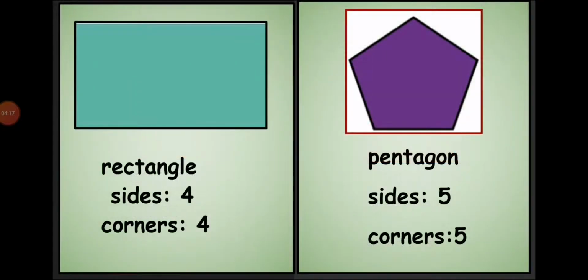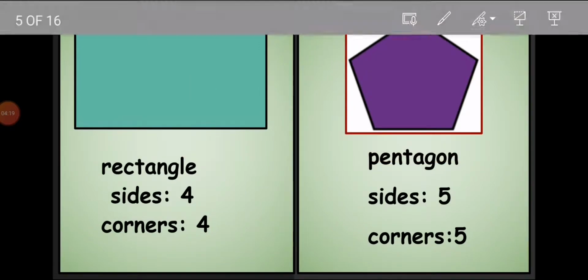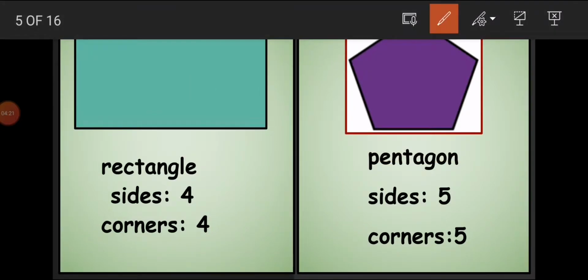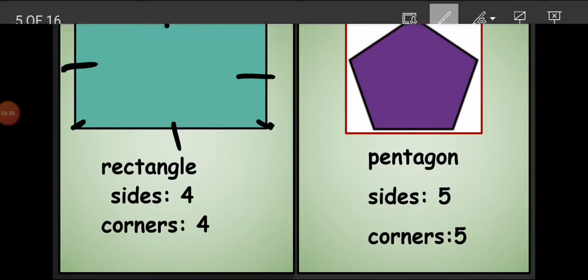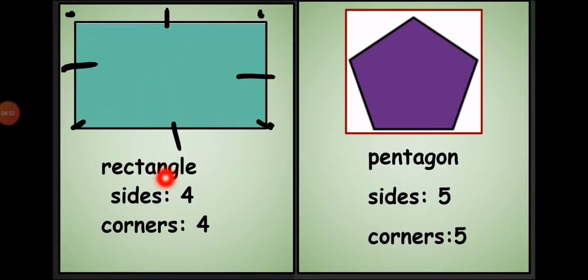Now, the next shape. First, I'm going to count its sides. 1, 2, 3, 4 sides. Now, let me count its corners. 1, 2, 3, 4. You can see it has 4 sides and 4 corners. It's a rectangle. Have you observed the 2 opposite sides are of equal length? These 2 opposite or parallel sides are of equal length.